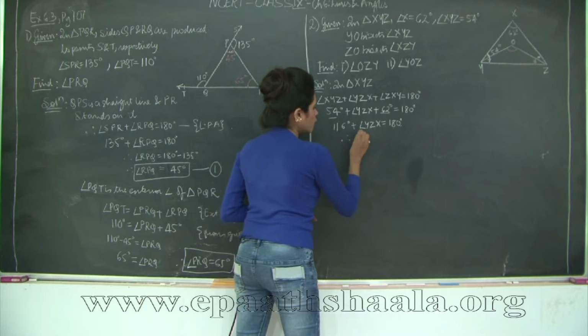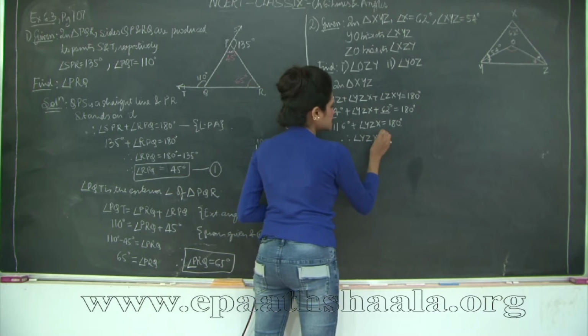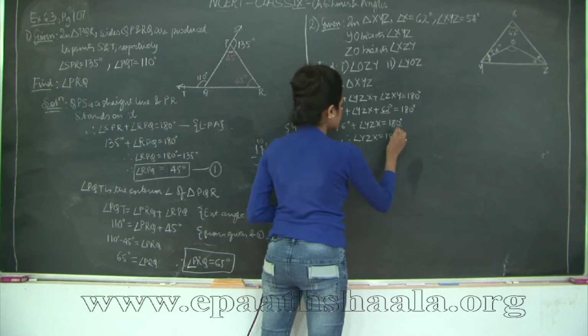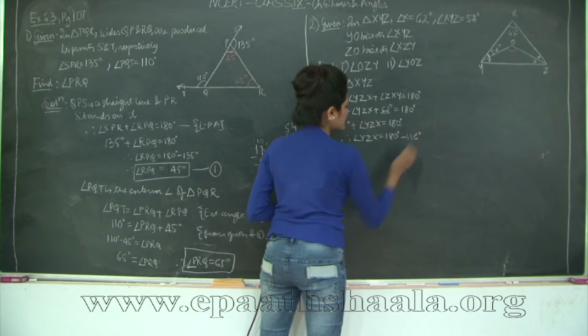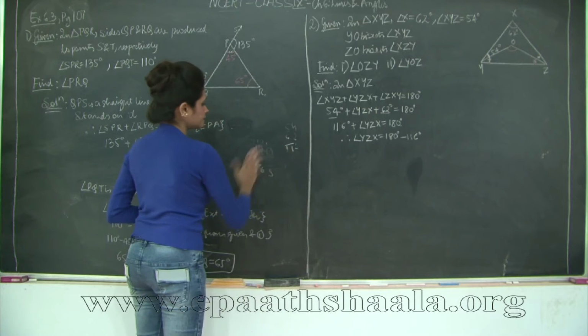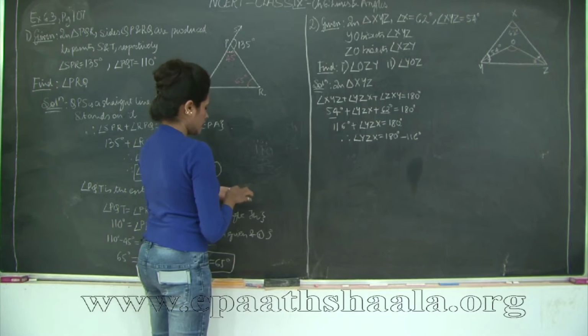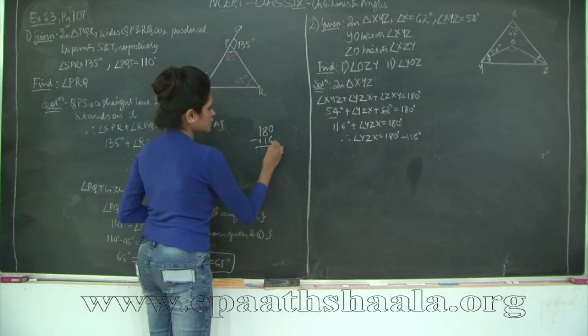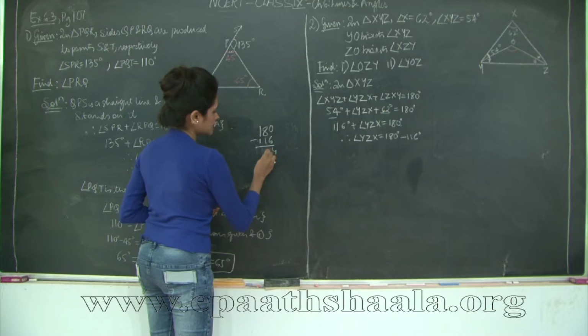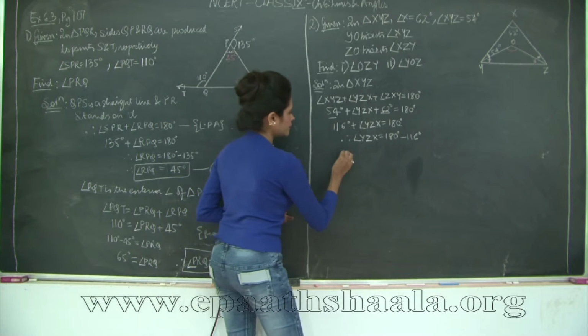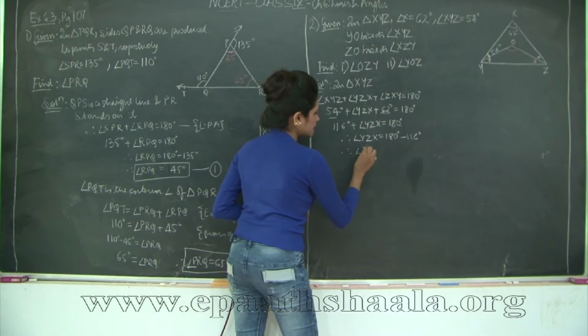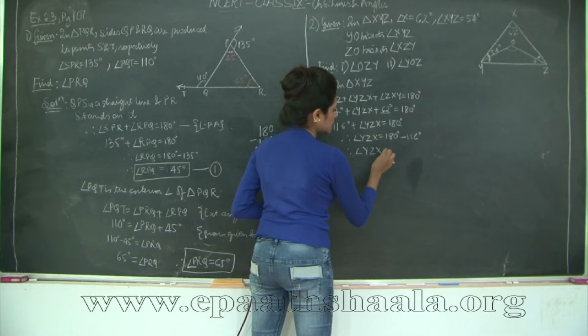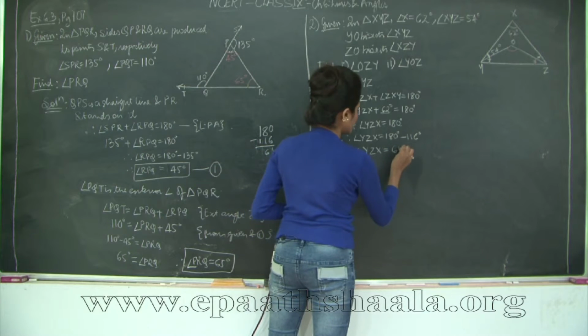Therefore, angle YZX is equal to 180 degrees minus 116 degrees. Let's calculate this. I get 180 minus 116, so 4, 7 minus 1 is 6. Therefore, angle YZX is equal to 64 degrees.